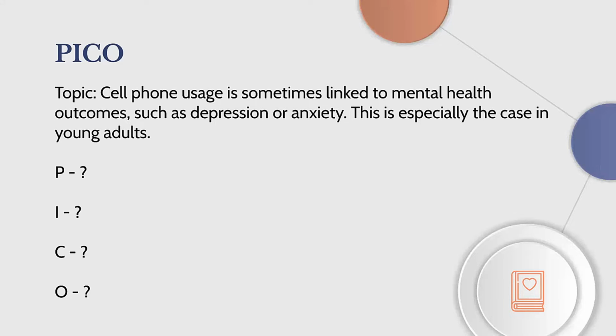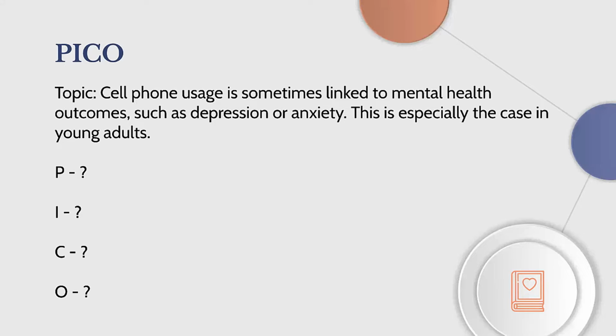So if we're thinking about how this would translate to a search, usage is important, but so is cell phone, right? Having that key term cell phone in our search strategy is really important. So we are also trying to identify what are the words that need to be in the articles that we retrieve in order for them to be relevant to our question.